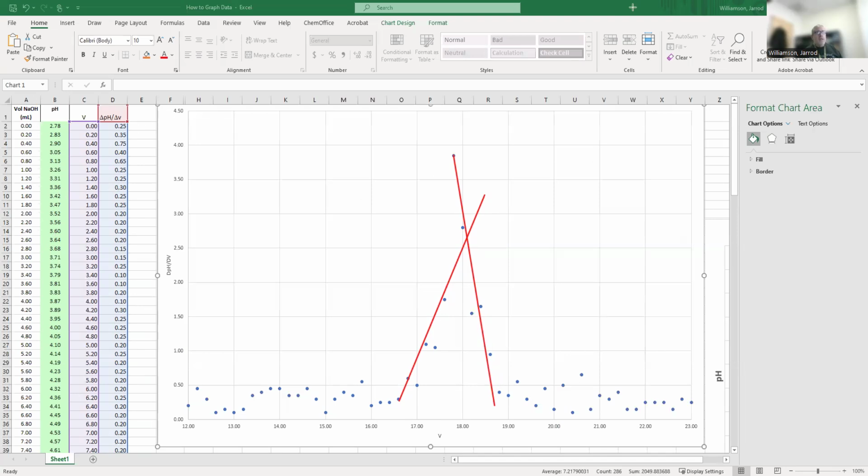And then assuming that's correct, then my first derivative seems to be right about there.